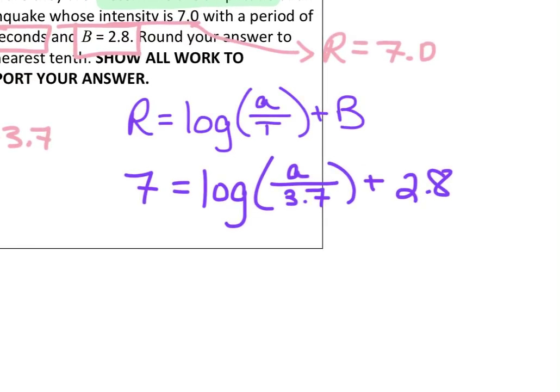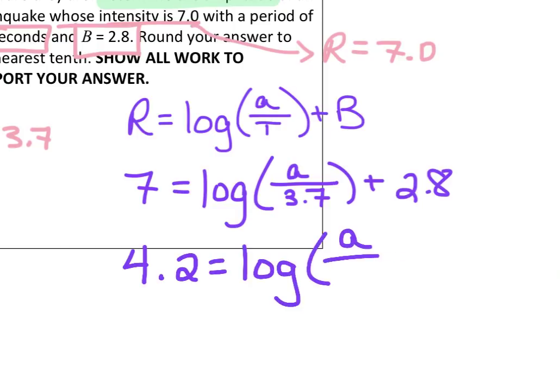So to solve this equation, I want to get the logarithm by itself, and so I'm going to subtract 2.8 from both sides. And so 7 minus 2.8 is 4.2 equals the log of A over 3.7.